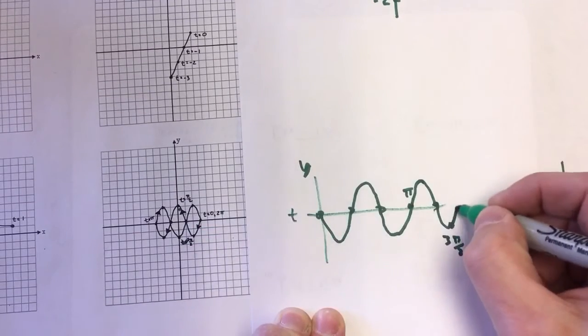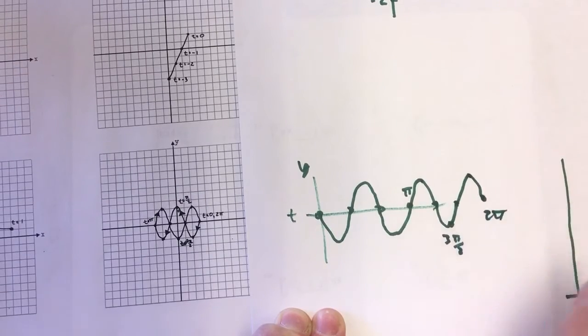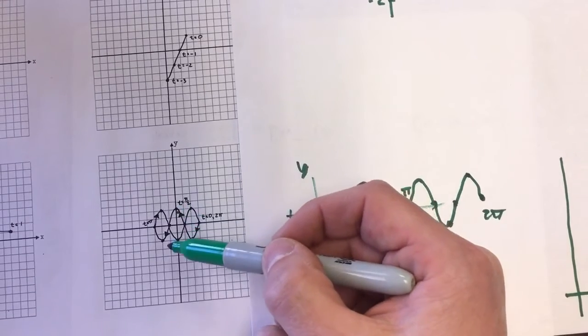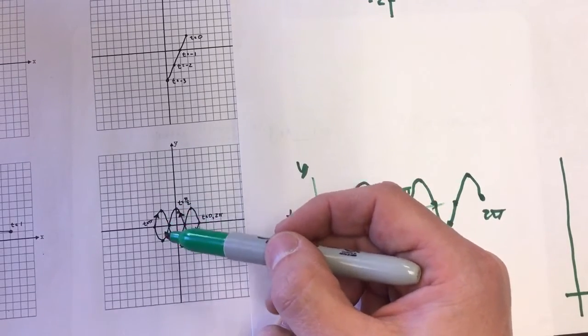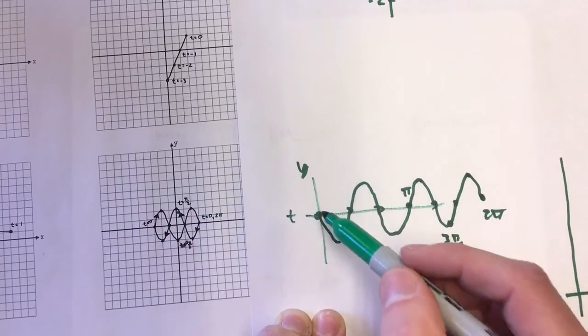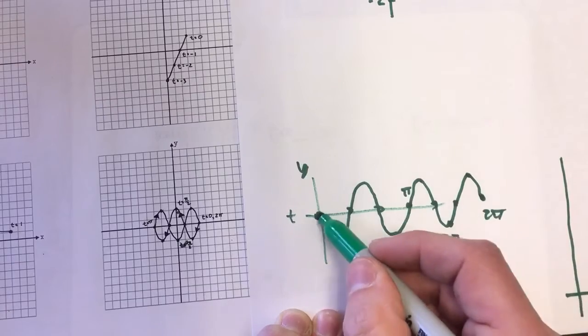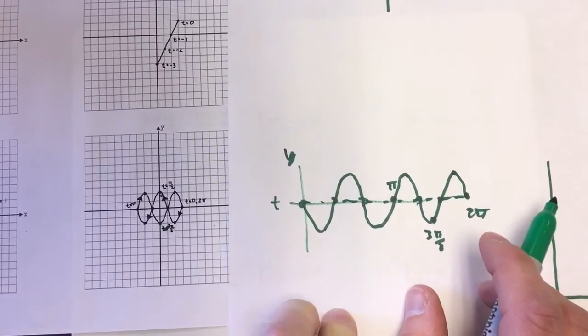Then we're back up, down to 2 pi. So the y value went down, up: 1 down, 1 up, 2 down, 2 up, 3 down, 3 up. So we actually need 3 cycles in there. We missed all those ups and downs.